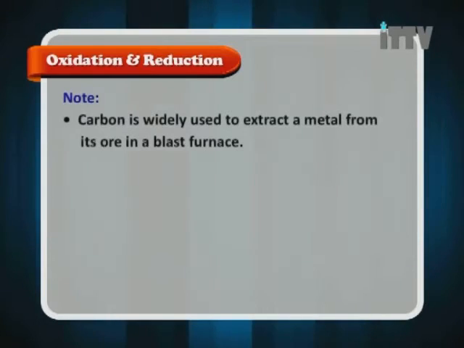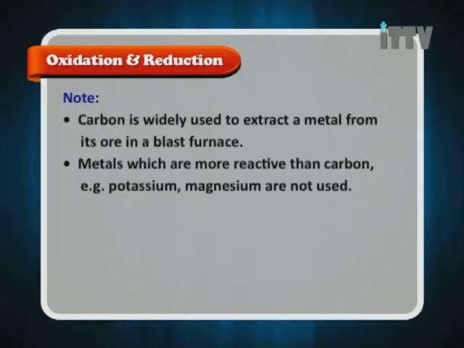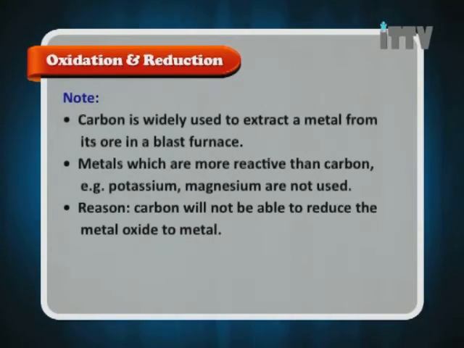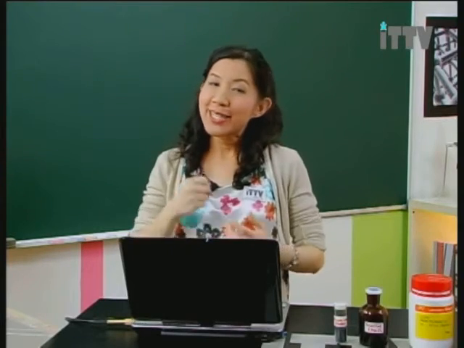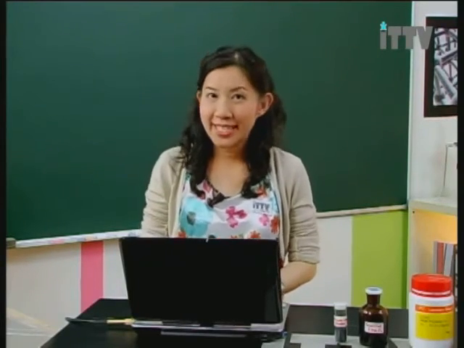Now, please note that carbon is widely used to extract a metal from its ore in a blast furnace. Metals which are more reactive than carbon, for example potassium and magnesium, are not extracted this way. Reason being, carbon will not be able to reduce those metal oxides to metal.